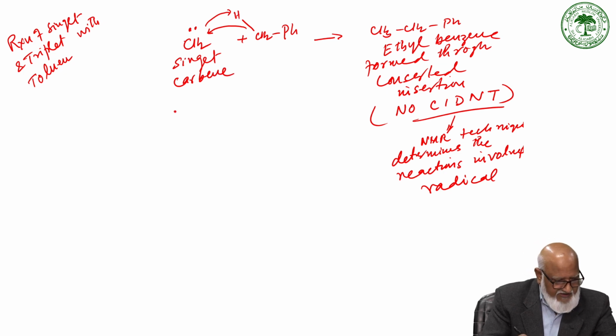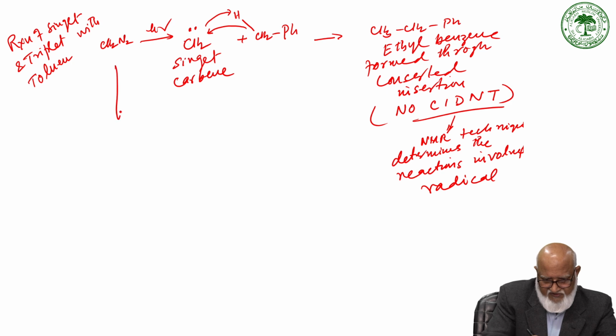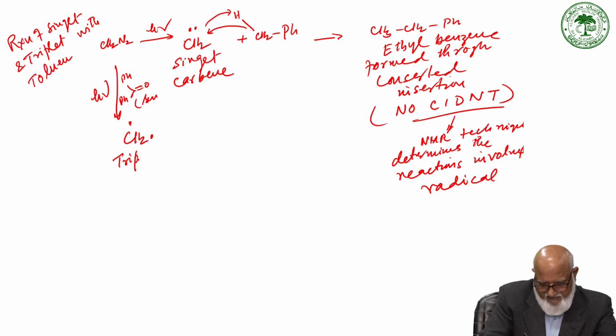On the other hand, if we have triplet carbene, generated from CH2N2 in the presence of benzophenone as a sensitizer, it gives CH2 triplet carbene, the radical mode of reaction.